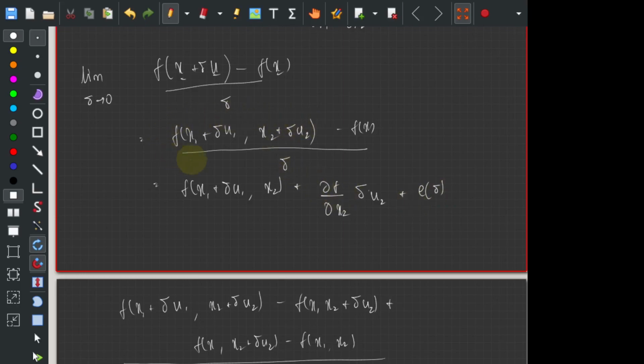I'm just taking this function, expanding about x2, correct? For a given value of x1, I'm just expanding this function as a function of x2, minus f of x1, x2, whole divided by delta.